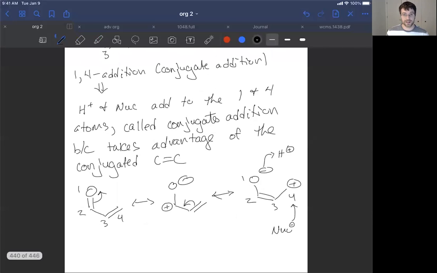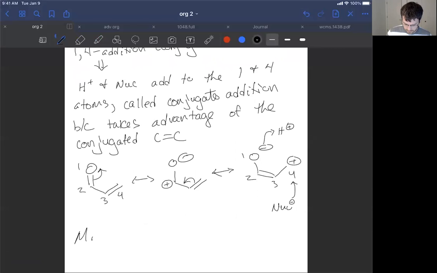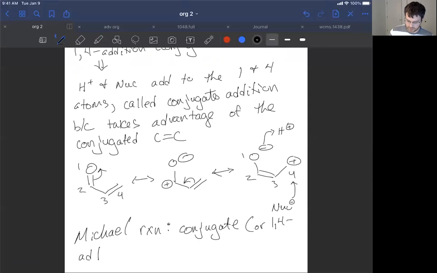That's called conjugate addition, and that leads us to a new reaction called the Michael reaction. So the Michael reaction involves the conjugate addition. I like conjugate addition, but 1,4 addition is also good because that helps remind us that 1,2 addition is real.